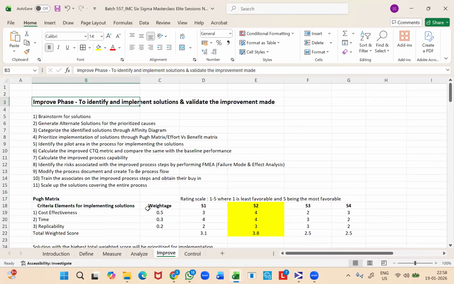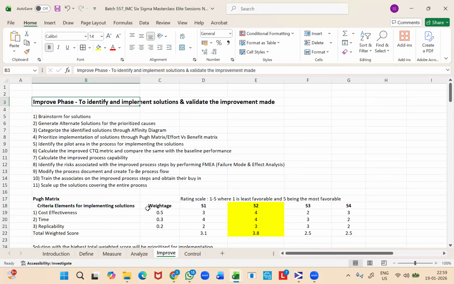If you are identifying only one solution for each prioritized cause, then if that primary solution is not going to work, we need to probably conduct a brainstorming session once again to identify the backup solution, which will be a time consuming exercise. So when we conduct the brainstorming session, we will identify alternate solutions for each and every vital cause.